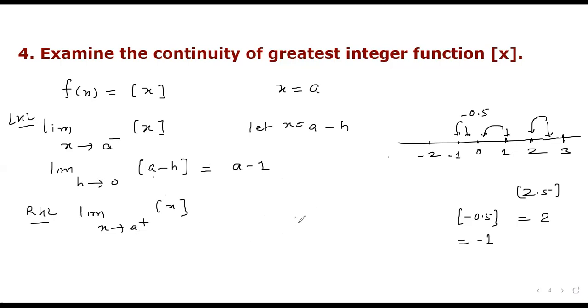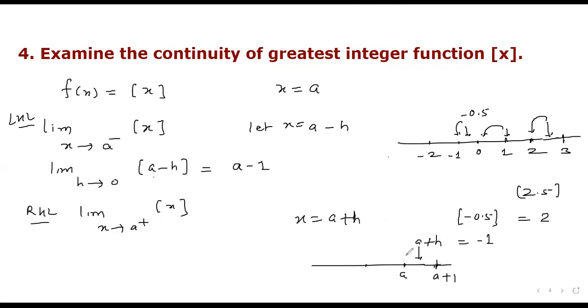Suppose we take x equal to a plus h, a slightly greater value, then the greatest integer will fall back to the previous whole number. Suppose this is a, this is a plus 1, and we are choosing this value here, a plus h.